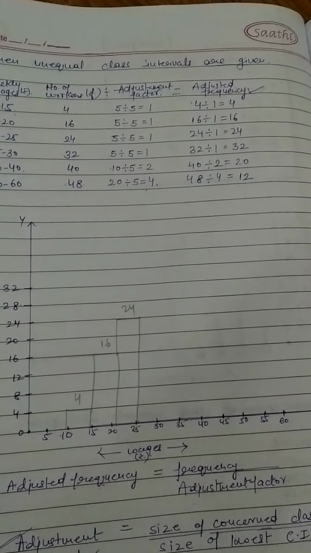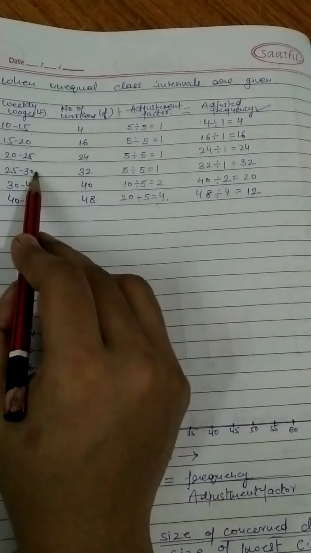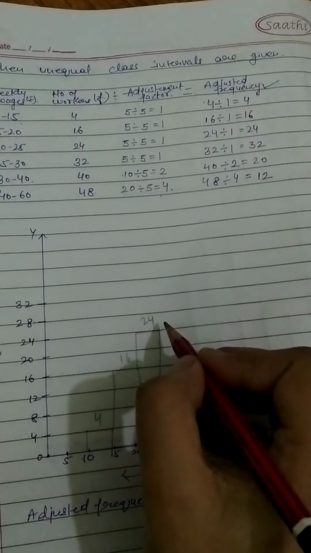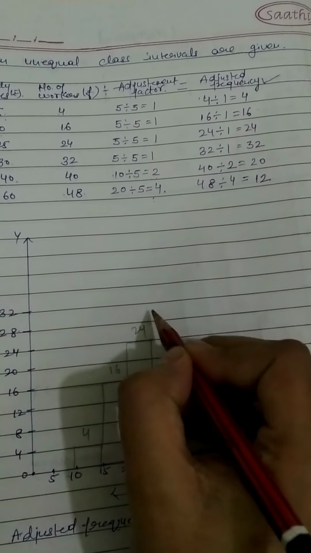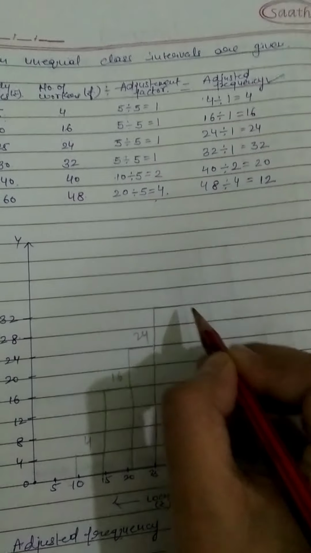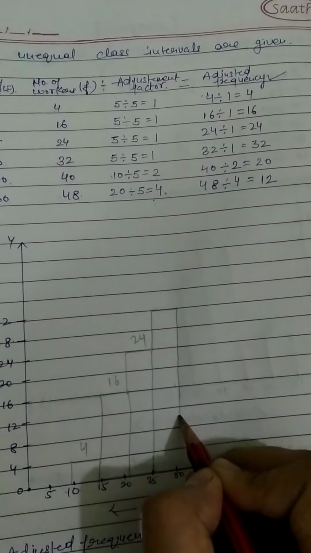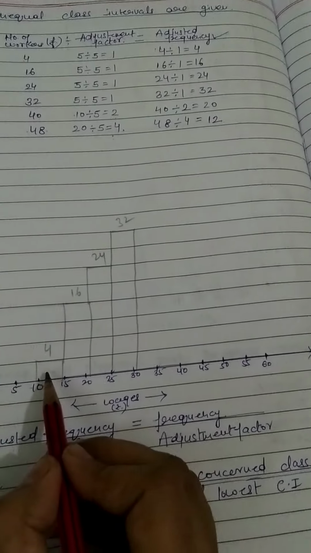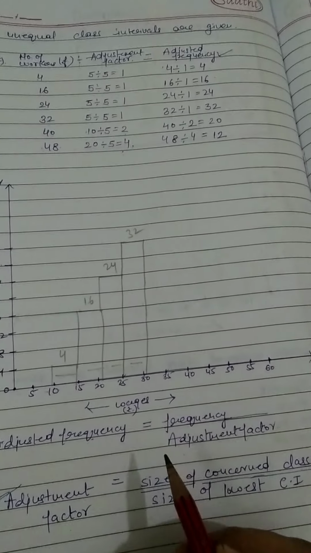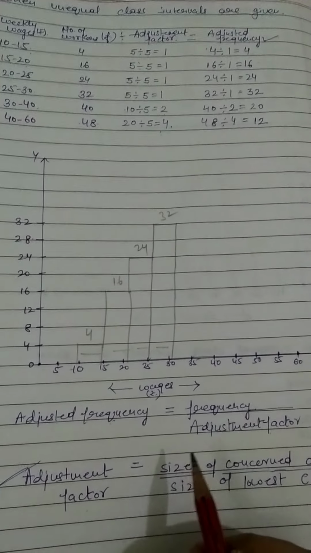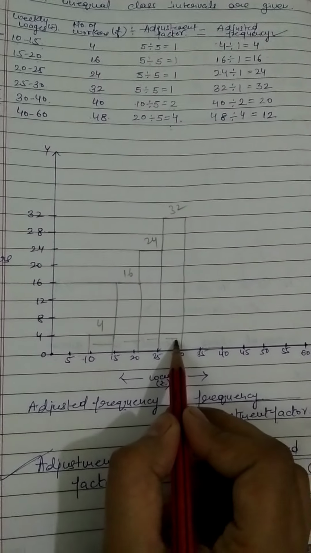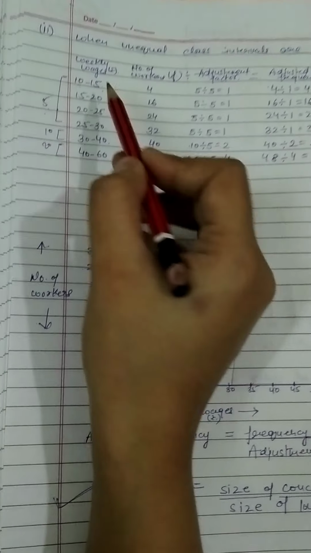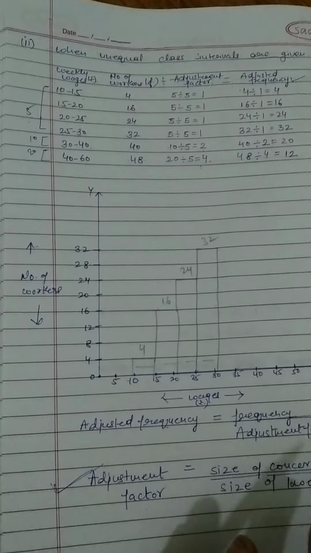Then 25 to 30 adjusted frequency is 32. So till now we have no problem because class intervals are equal, so we can easily draw histograms, and the breadth of every histogram is equal here, from 10 to 30.